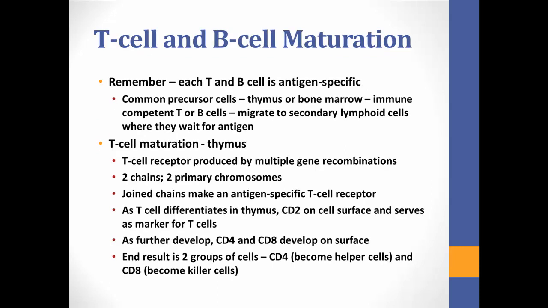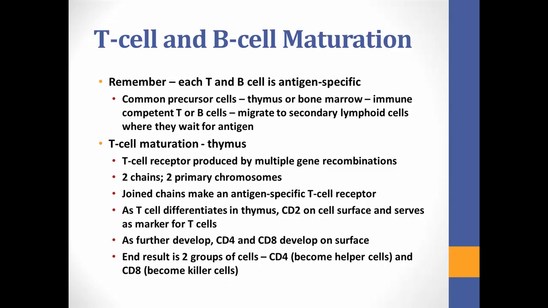Let's spend some time then talking about T cells and B cells. We're going to move back and forth between B cells and T cells for the next several slides. First off, remember, every T cell and every B cell is antigen specific. B cells and T cells come from common precursor cells, and these precursor cells are in the thymus or in the bone marrow.